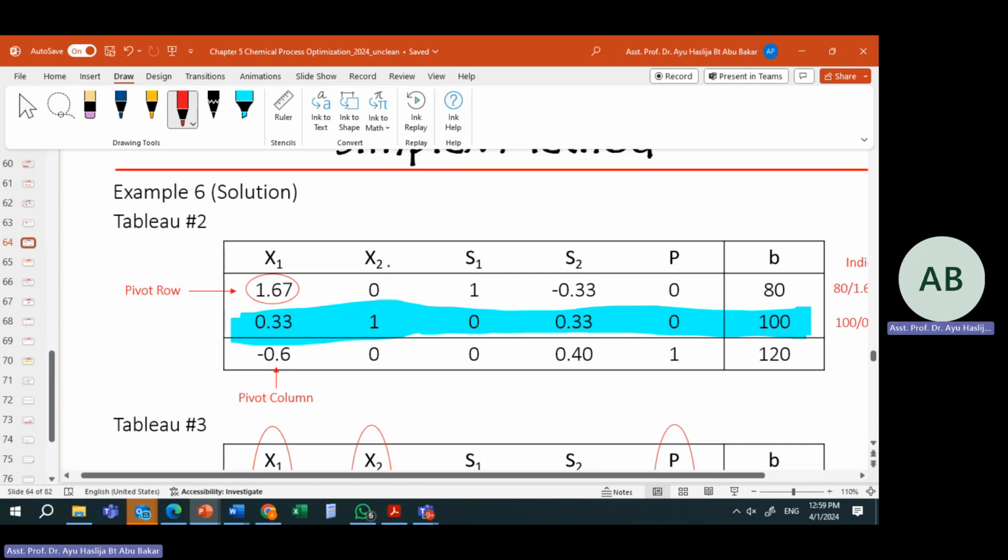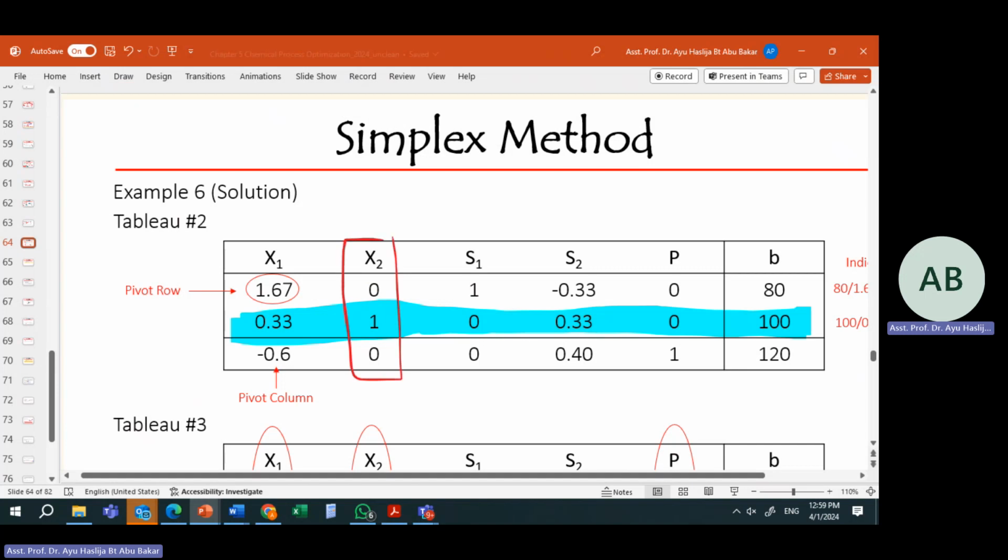Remember, just now, this is your pivot column, pivot row. So this one, 1. The top and bottom must be 0. So how do we make them zero? We should find the factor, the factor equation.